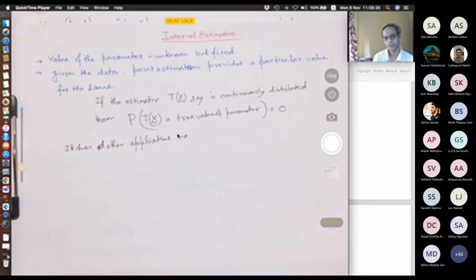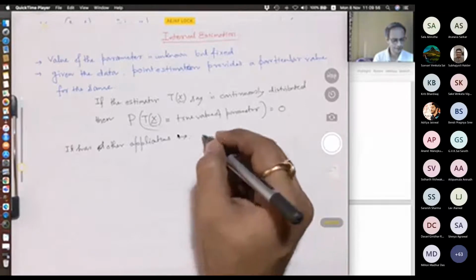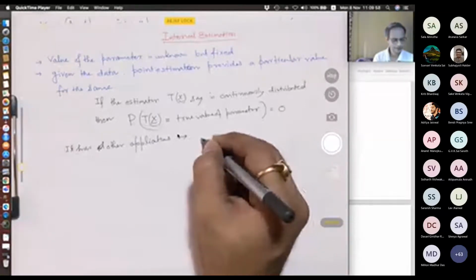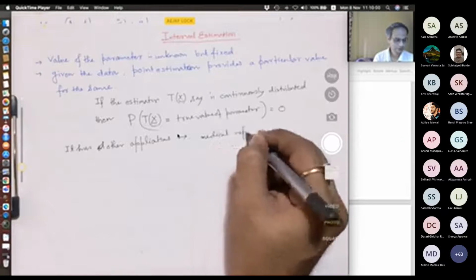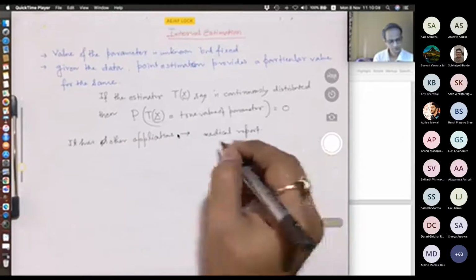Most of us are healthy, but if only one number is given, none of us will be able to meet that, and because of that we cannot conclude that we are ill. So another application is the medical report.